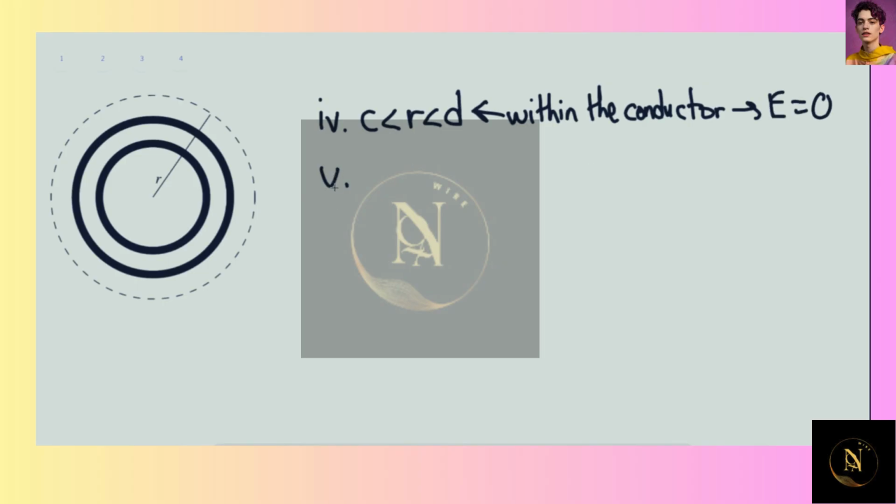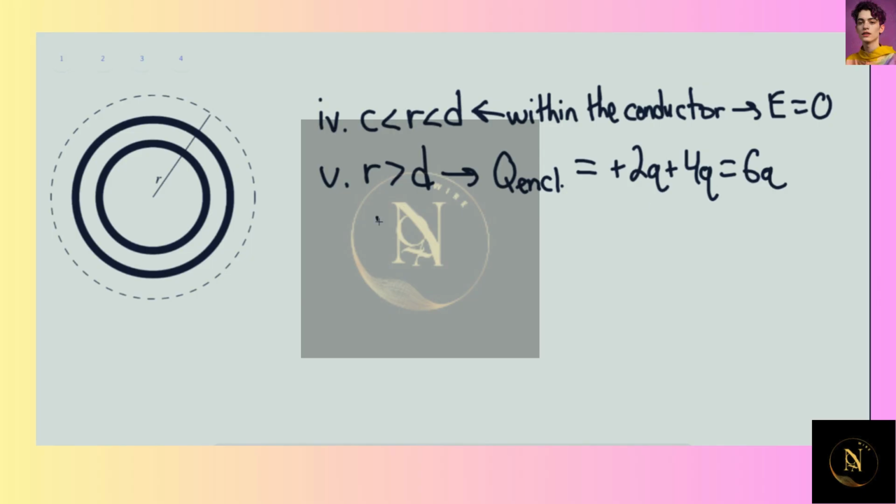And then for part 5, which is drawn here, r is greater than d, and so this encloses the small shell and all of the large shell. So here the enclosed charge is equal to plus 2q plus 4q. This is equal to 6q. And the electric flux is again equal to the magnitude of the electric field times the surface area.